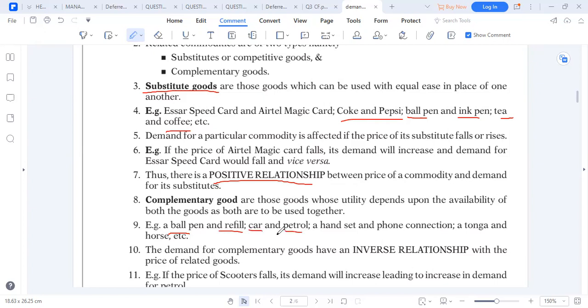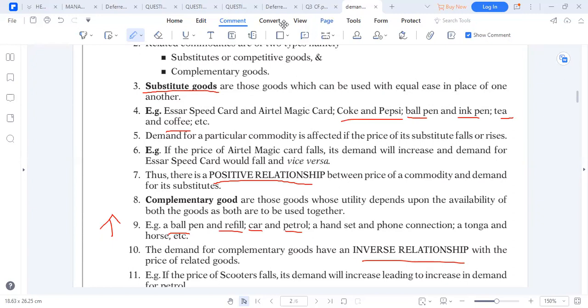So they have an inverse relationship: if the price of a car goes up, the demand for petrol will go down because you stop buying both. An inverse relationship is where one variable is going up, the other one goes down. And so elasticity of demand for a complementary good is always negative because of the inverse relationship.